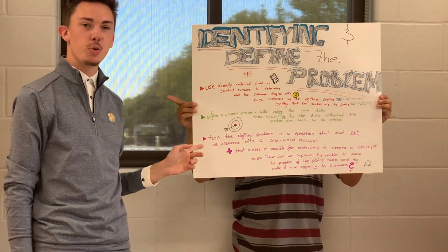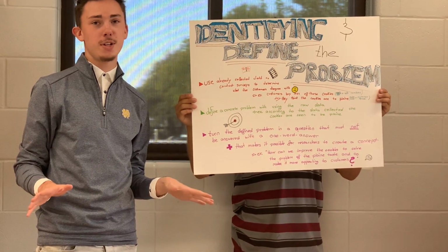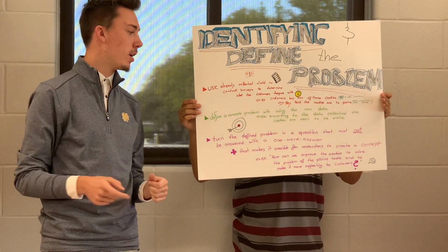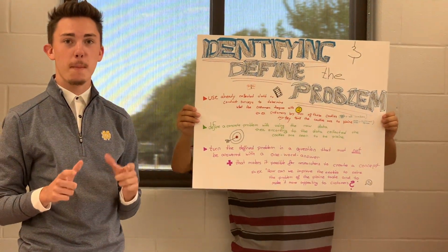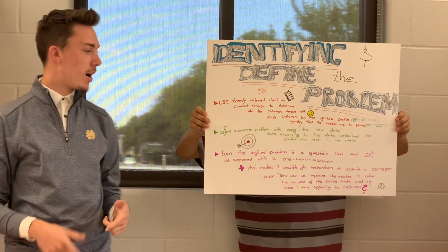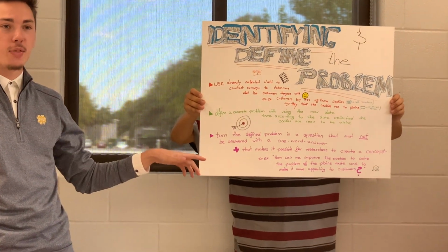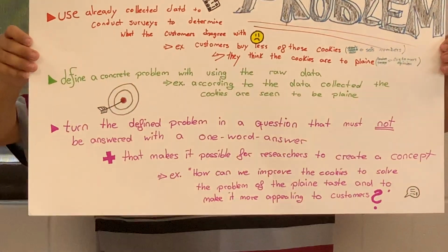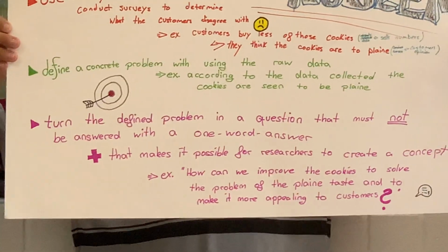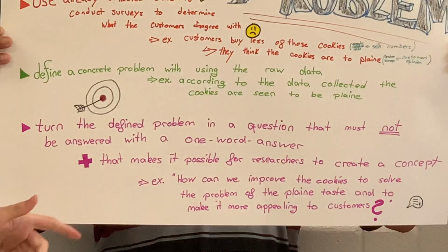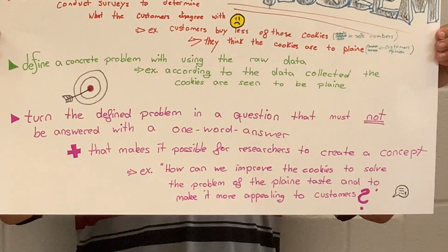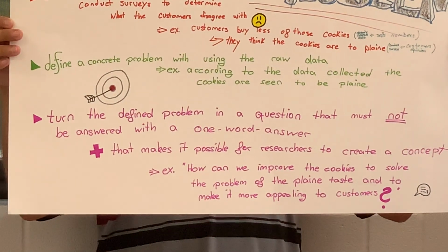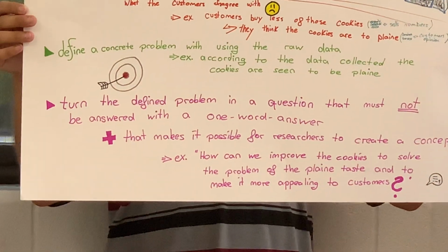And what are we going to do in our third step? It's pretty easy. We're just taking the data we have, the defined problem, and putting it into a question people can work with. In our case, it would be a question that must not be answered in a one-word answer, but has to be able to make people think of this topic.